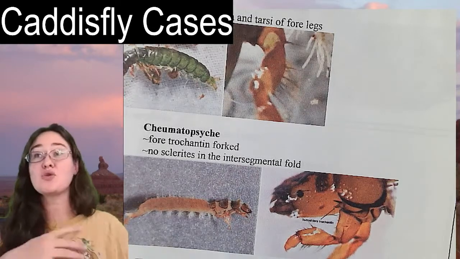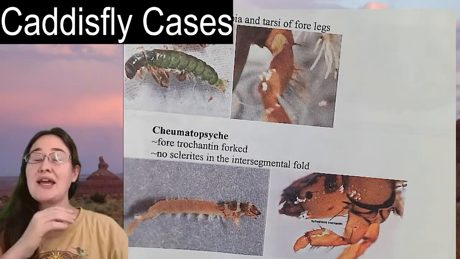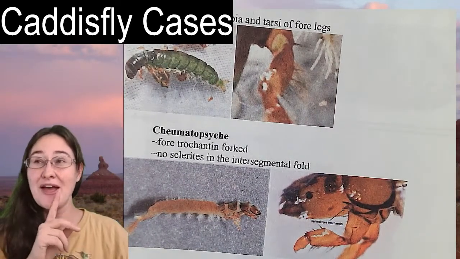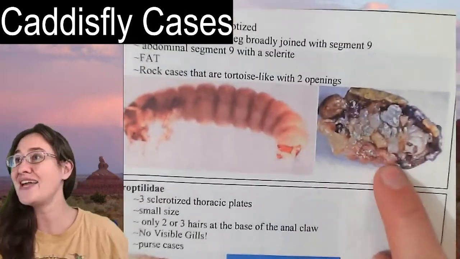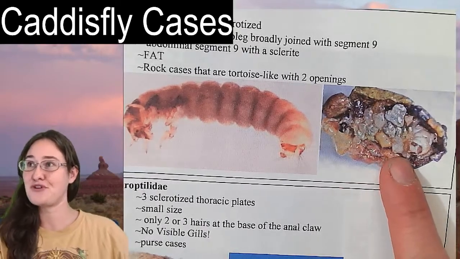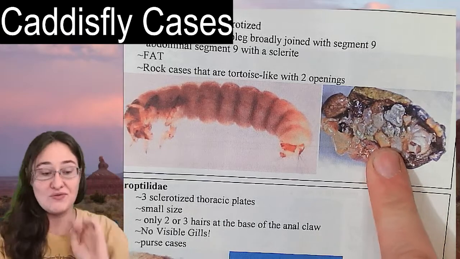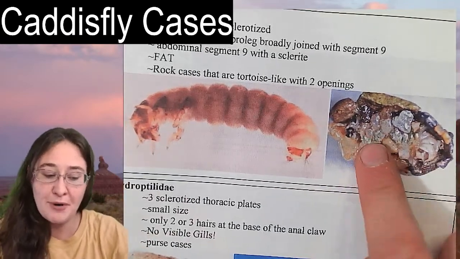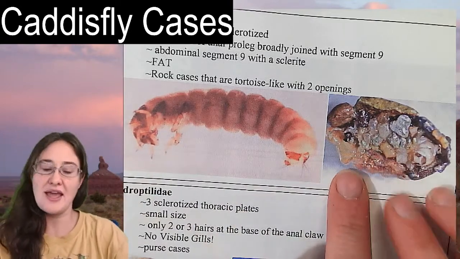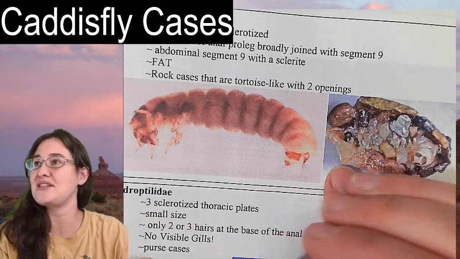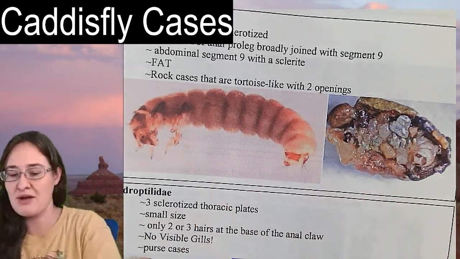When you are sorting through a tray of insects, sometimes the caddisflies are a little bit trickier to find because they can just look like a pile of rocks, for instance. And you have to sit and watch and see if anything moves.